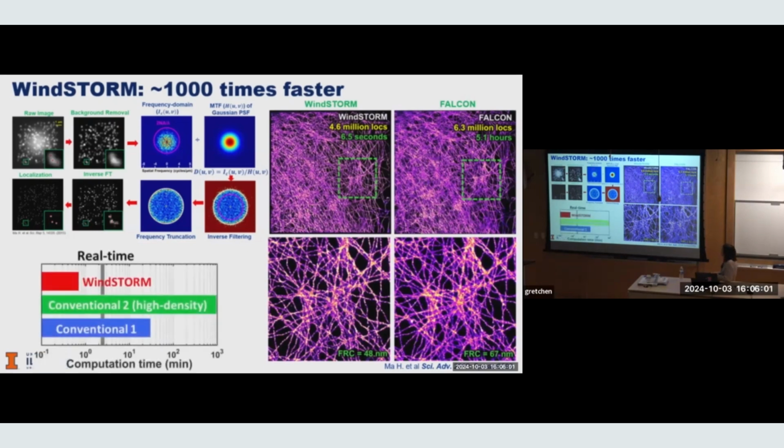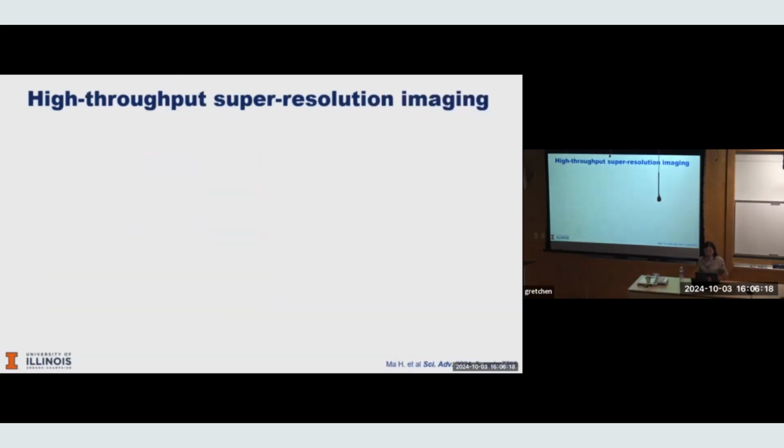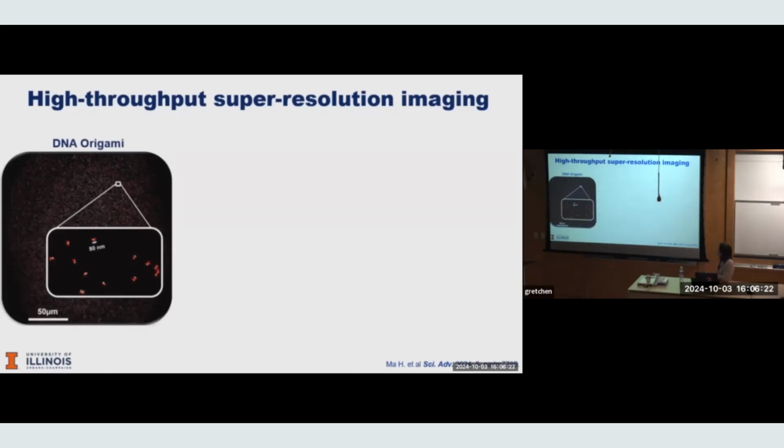Together with GPU acceleration, we can reconstruct image in real time. Which means the image reconstruction time is shorter than the image acquisition time, and still getting a decent resolution. So when we have all these factors combined, we can really have a high throughput super resolution imaging system.